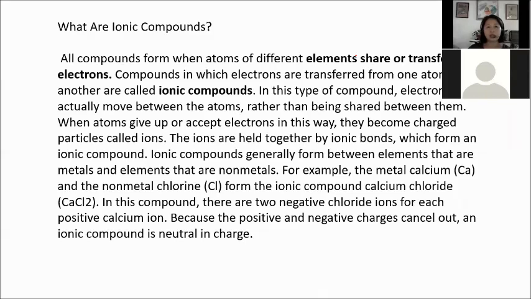Compounds in which electrons are transferred from one atom to another are called ionic compounds. In this type of compound, electrons actually move between the atoms rather than being shared. Take note of the keyword for ionic compound: ionic bond is transfer of electrons. So there is giving up and there is accepting. If there is a donor, there is a receiver.